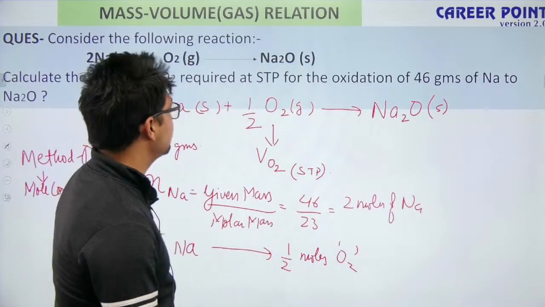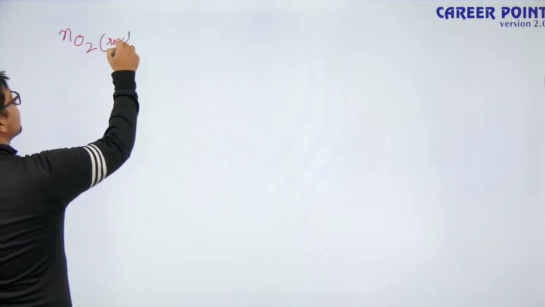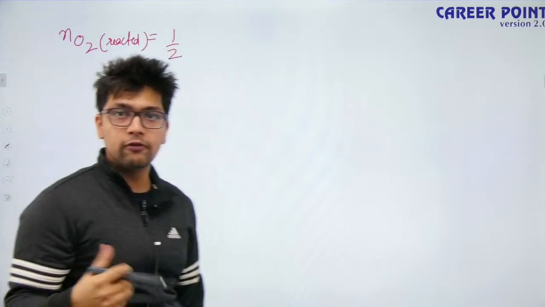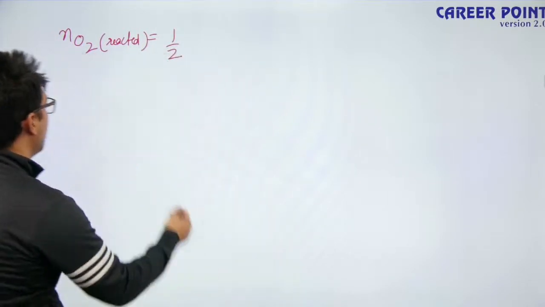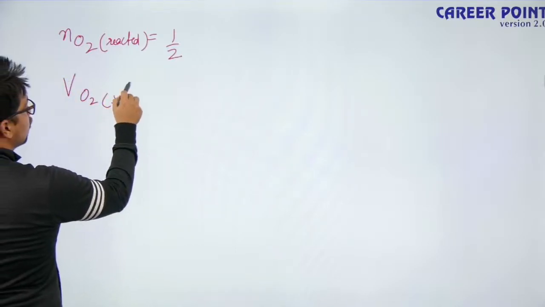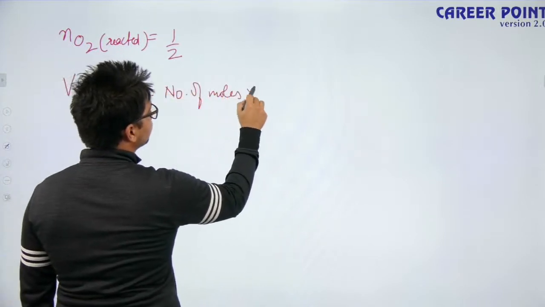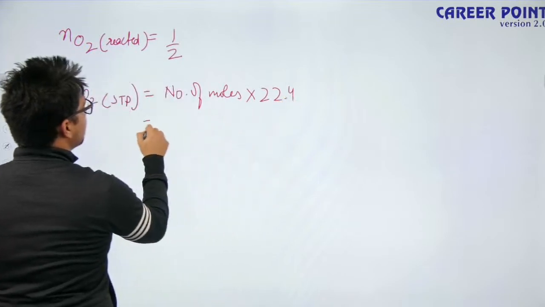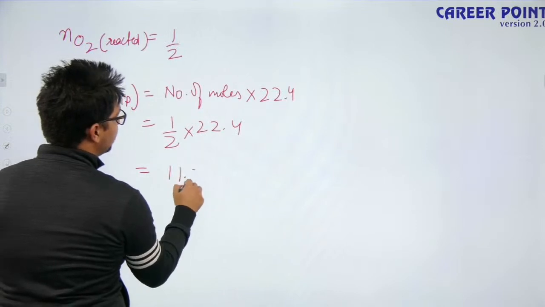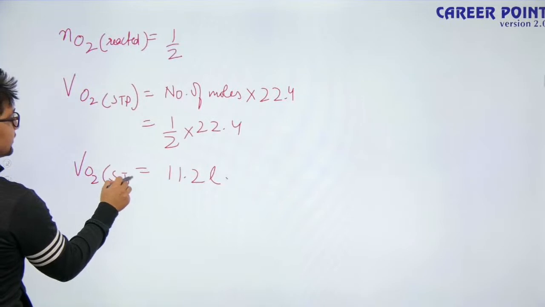So the moles of oxygen reacted is 1/2. And how to calculate volume from moles? We simply use the formula: volume of oxygen at STP is equal to number of moles times 22.4. So this is 1/2 times 22.4, and this value is 11.2 liters. So this is the volume of oxygen produced at STP.